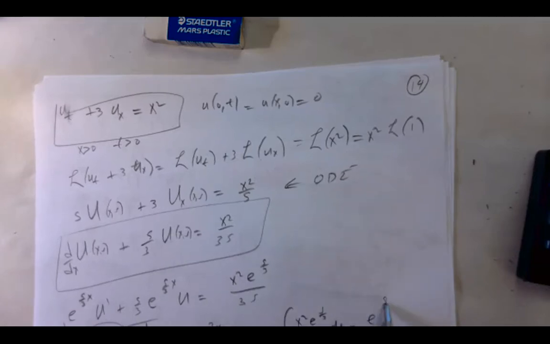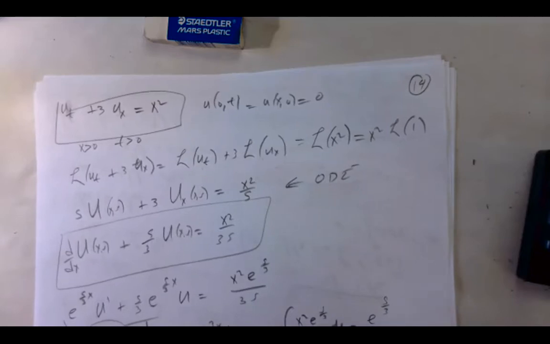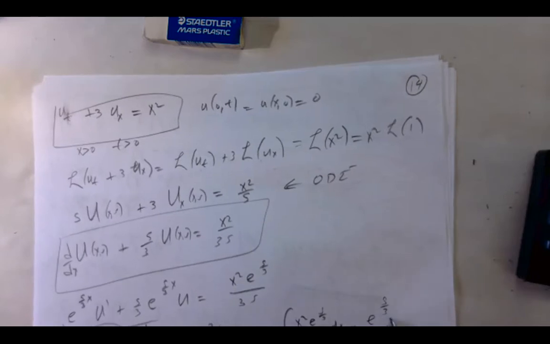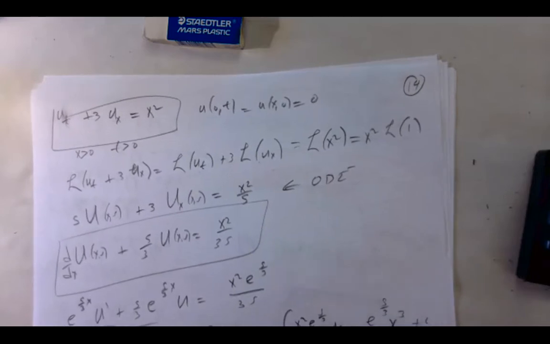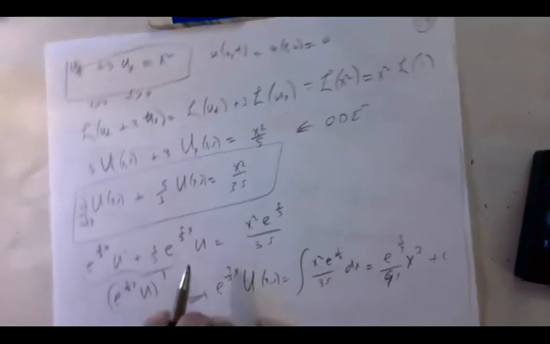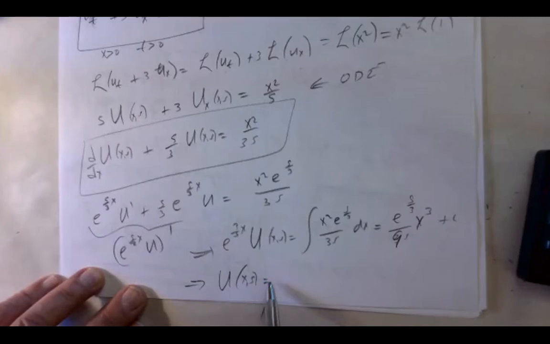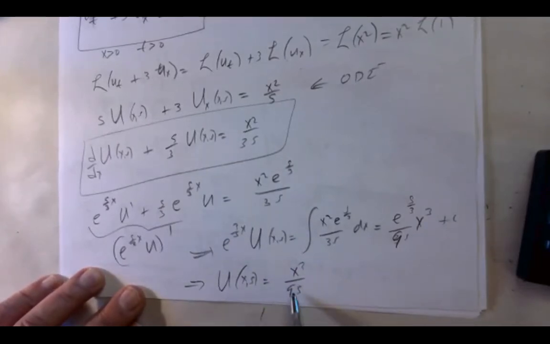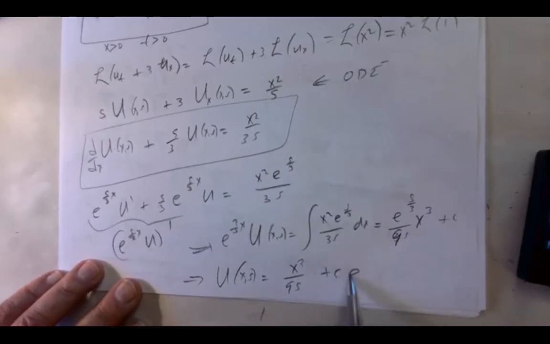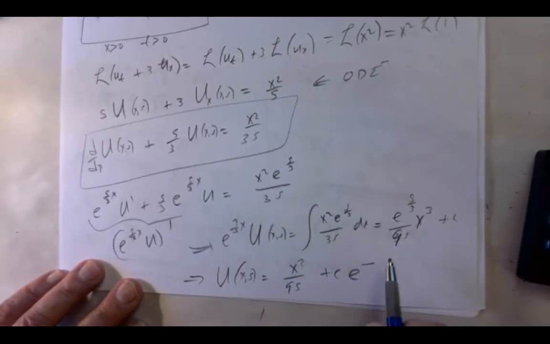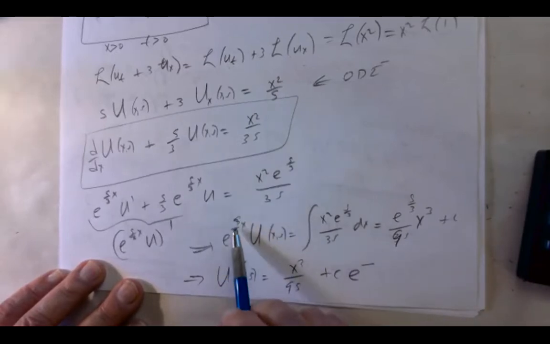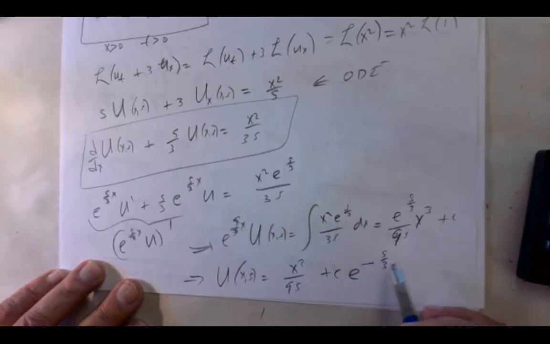The integral of x squared is a third x cubed, which makes this x cubed over 9s plus a constant. So we get u of x, s is equal to x cubed over 9s plus c e to the minus s over 3 x.